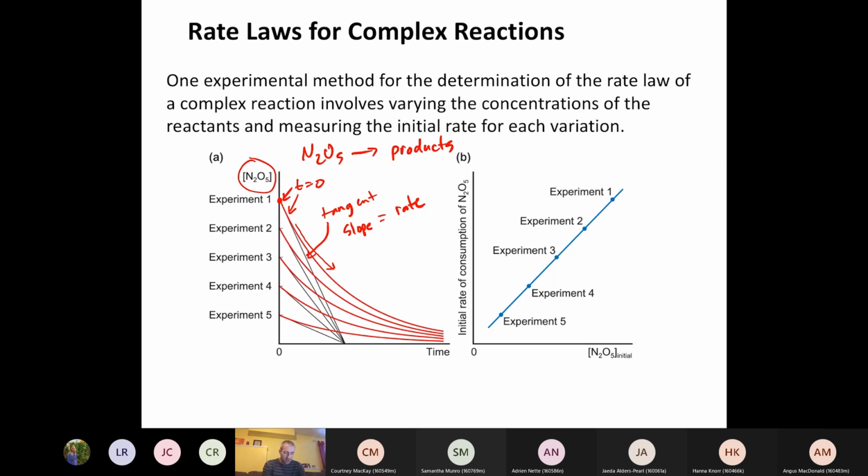The slope gets flatter, and it slows down because you don't have as much reactant to be undergoing reaction. So in terms of moles per minute or second, the reaction is going to slow down. But at time equals 0, the slope of that tangent line, we call that slope the initial rate.